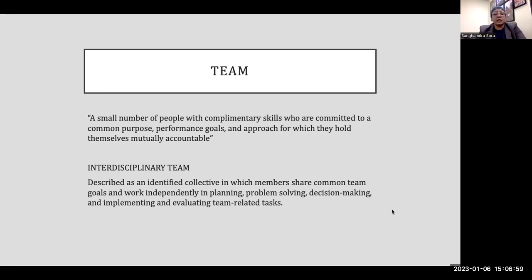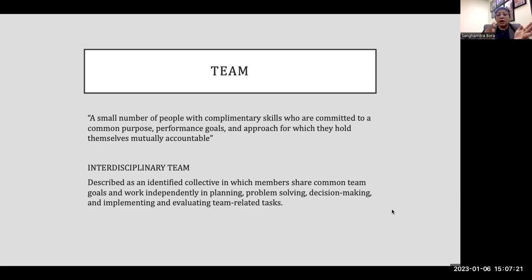As you can see in the definition, it is an identified collective, which means that the members of the interdisciplinary team are being identified and taken into the team. That is one point. And they will share common team goals.